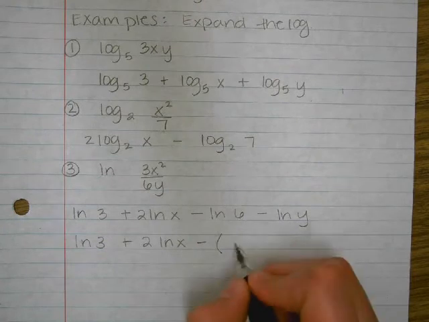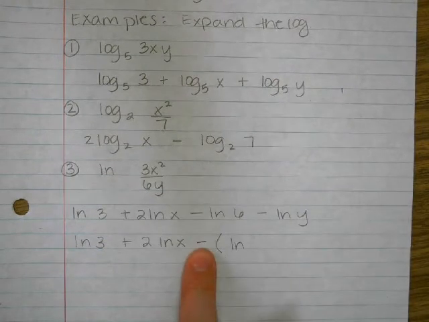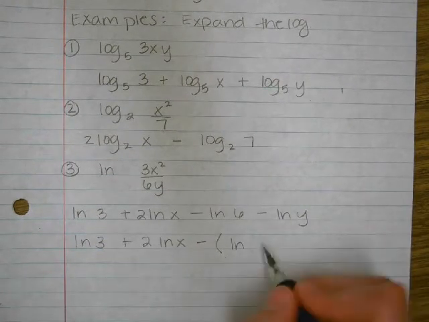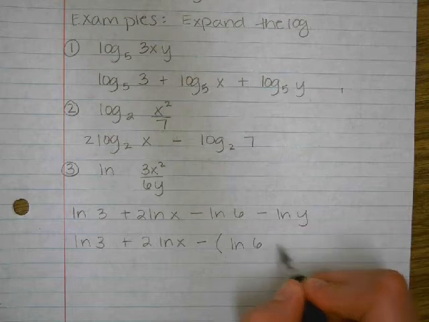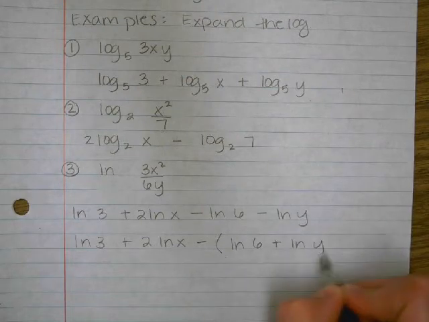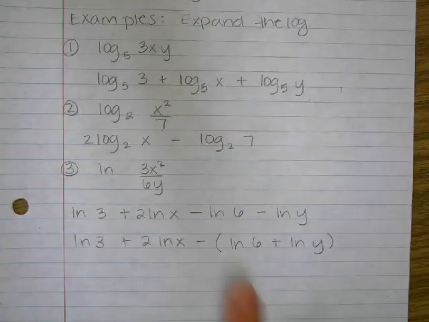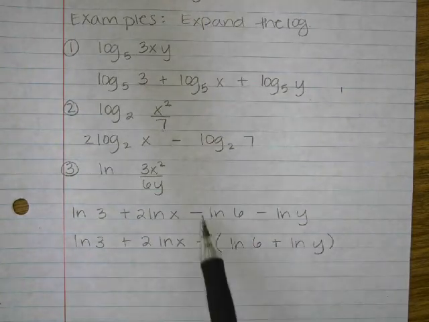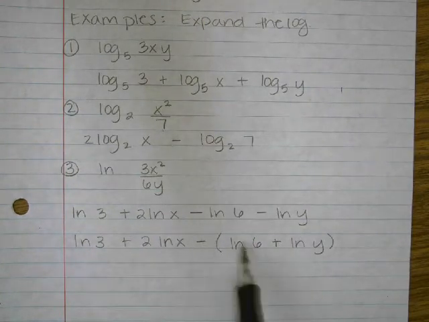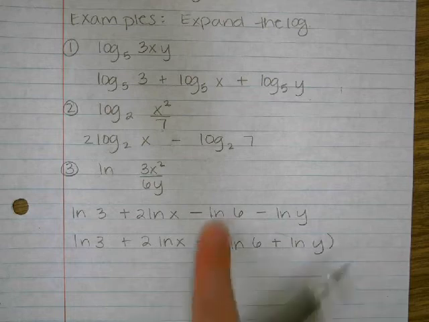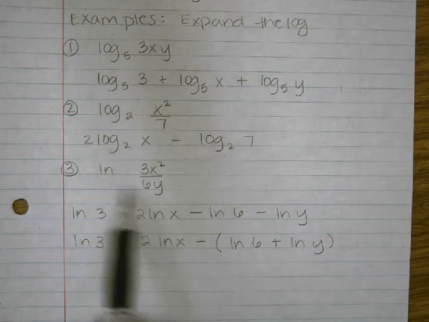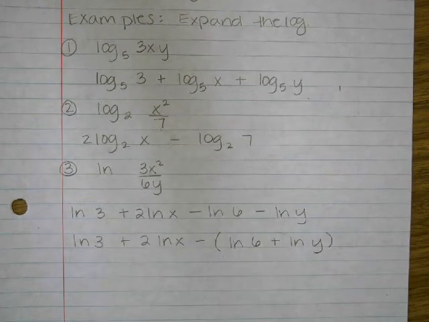So then you could say minus, because these two things have been divided, and then on the bottom, I saw that the 6 and the y were being multiplied together. So these two expressions are equivalent. Here, it's just kind of like you had a negative that you distributed. So either one of these answers would be totally fine as an expansion for that expression.